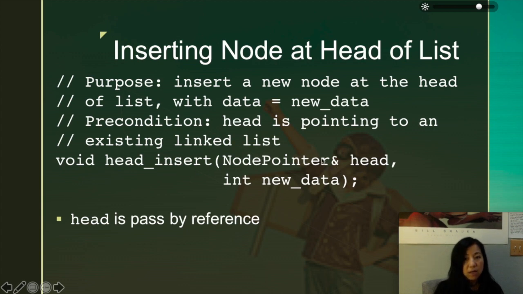That's why it's very important for us to pass this variable head by reference, so that head can be changed. And then we pass the data that we want to insert into the new node, which we call new data.